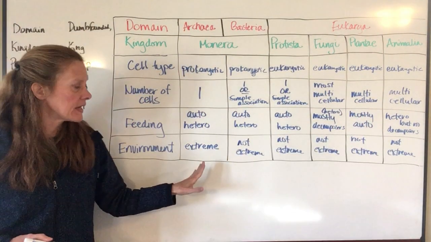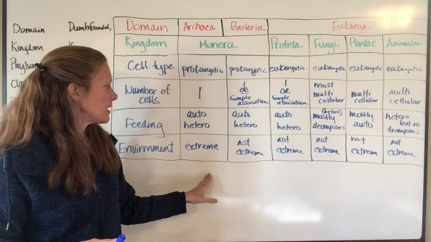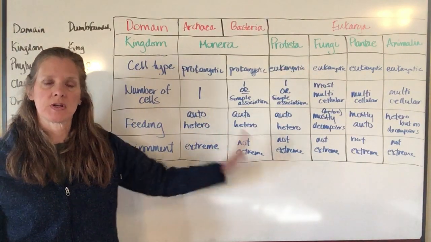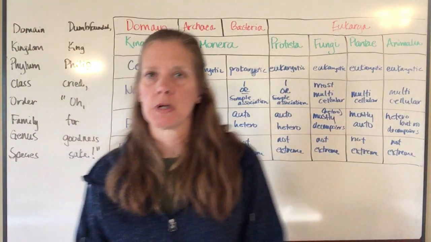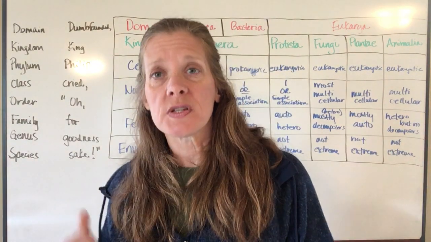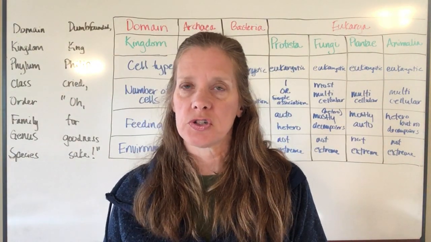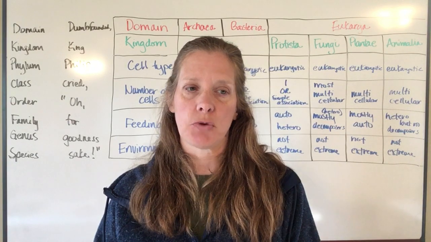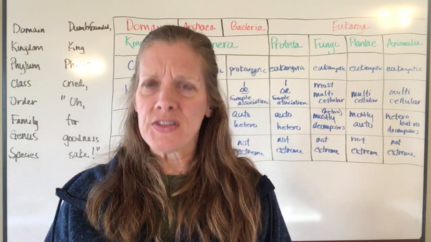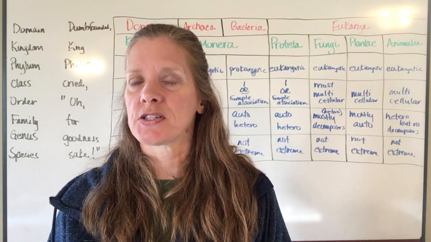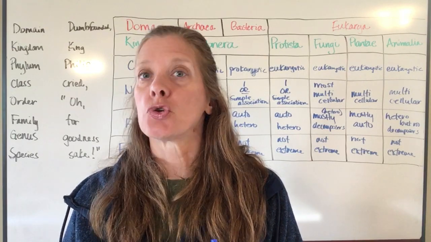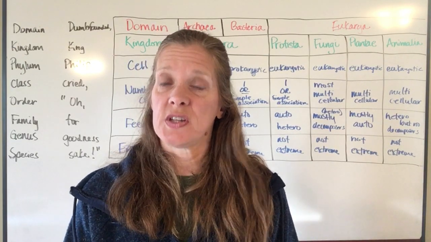And then only kingdom Archaea are going to live in extreme environments, while everything else does not live in an extreme environment. So again, make sure that you know this table well, that you understand the differences between the different kinds of domains and the different kinds of kingdoms, so that you can easily classify an organism into which one of those kingdoms that it's going to fit into.